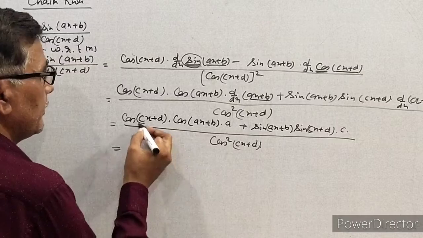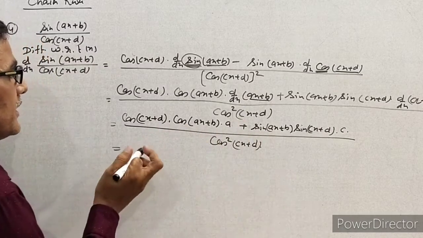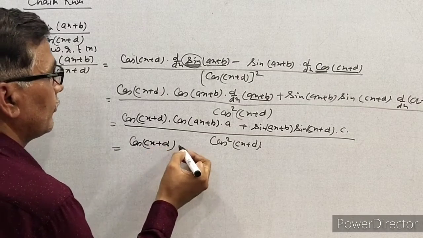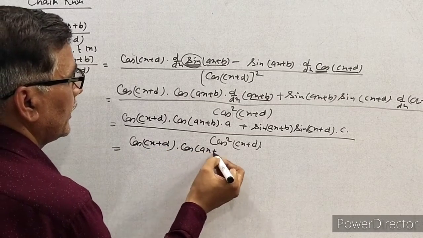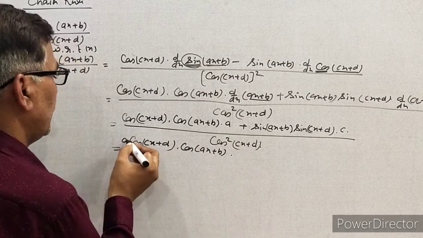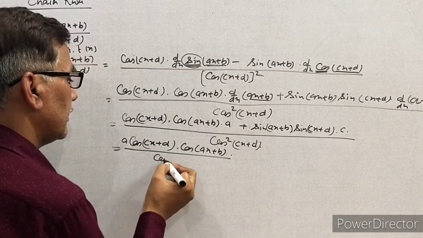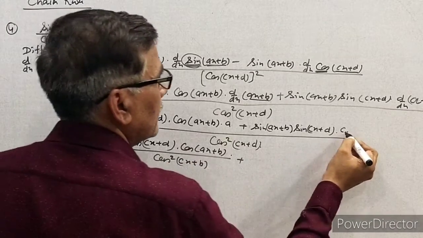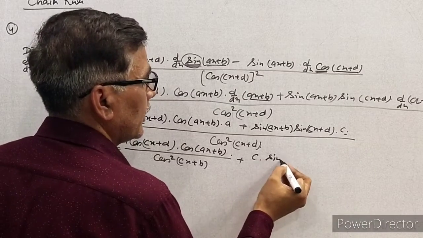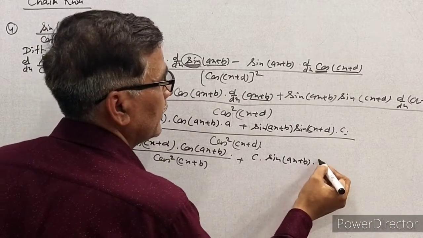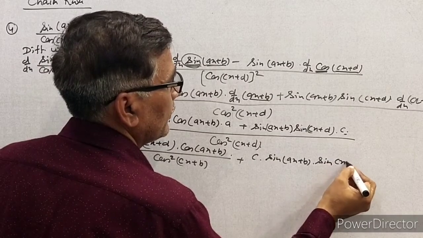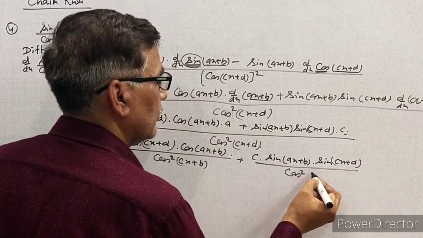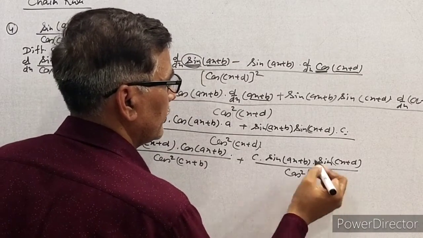Now we can split this whole fraction into two partial fractions. Cos cx plus d into cos ax plus b into a upon cos square cx plus d, plus c into sine of ax plus b into sine of cx plus d upon cos square cx plus d.